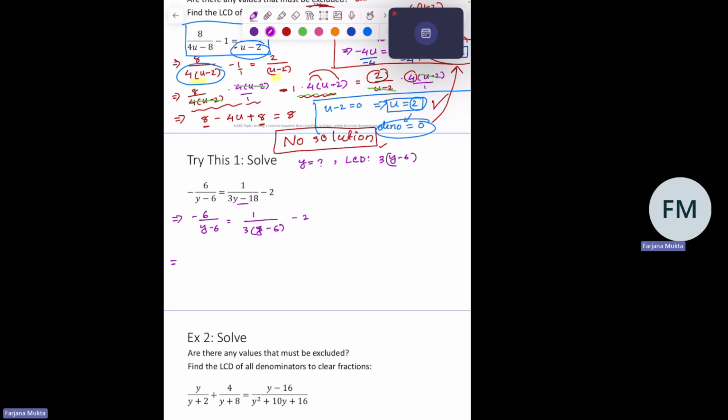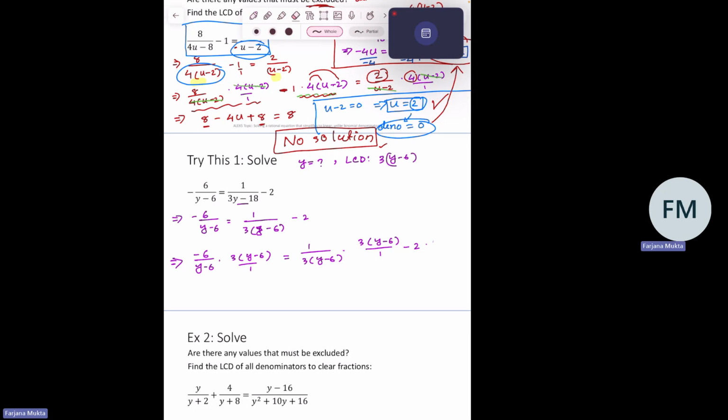Let's multiply each of the terms by the LCD. 3 times y minus 6, that means the denominator is just 1, equal 3 times y minus 6. So what I'm doing is multiplying all of my terms by the LCD.